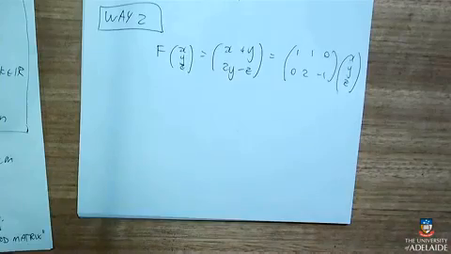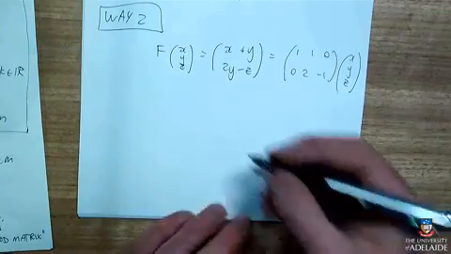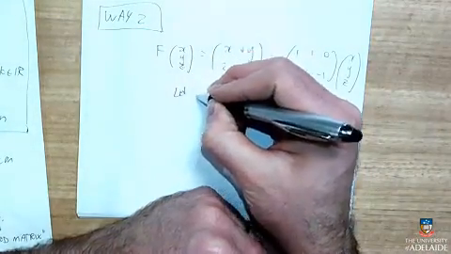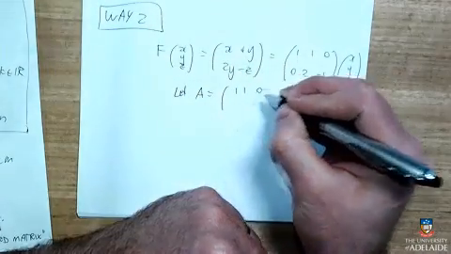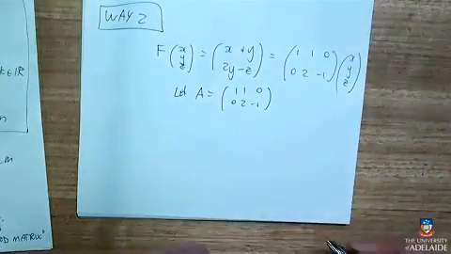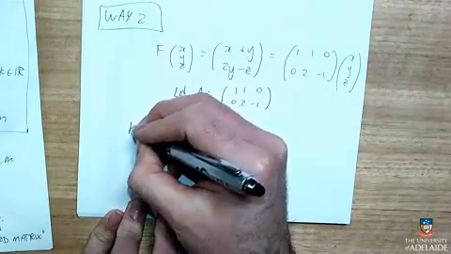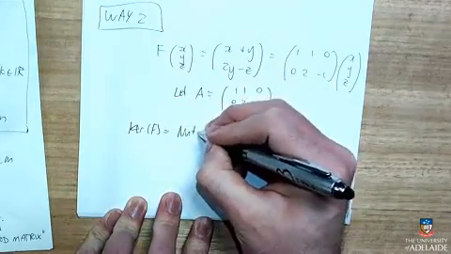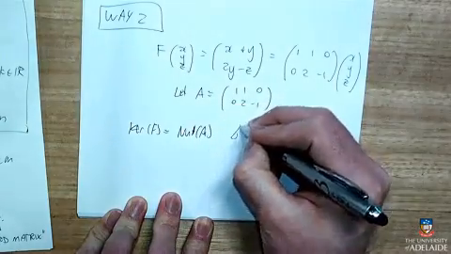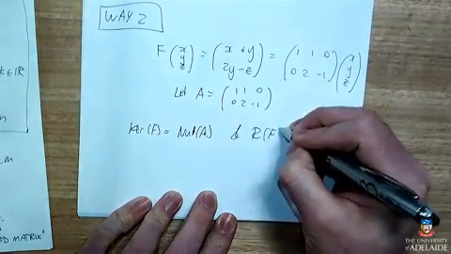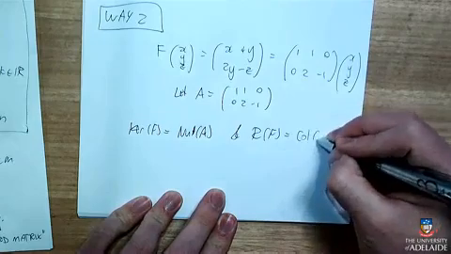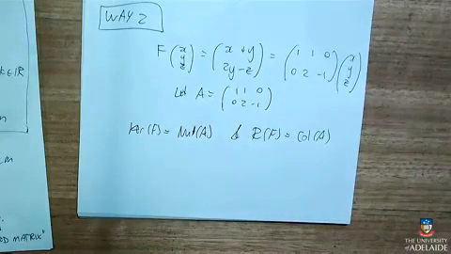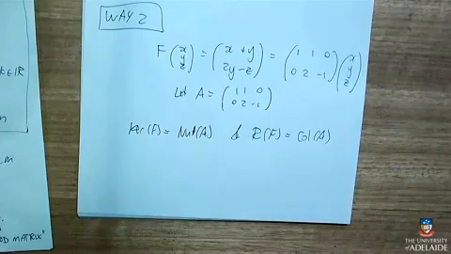So now I have a matrix, which I shall call A. And I can say, right, the kernel of F is the null space of the matrix A, and the range of F is the column space of the matrix A. And so now, to find the kernel and the range, all I need to do is find the null space and the column space, which is sort of what you're saying.